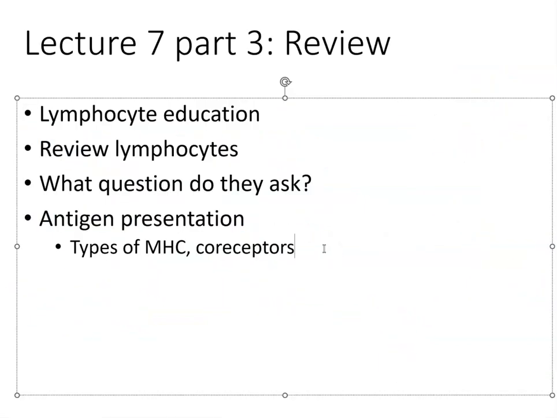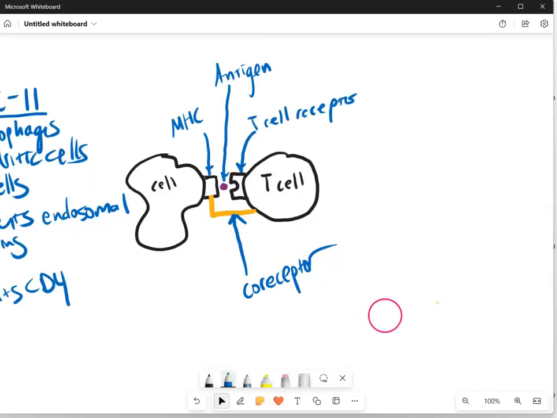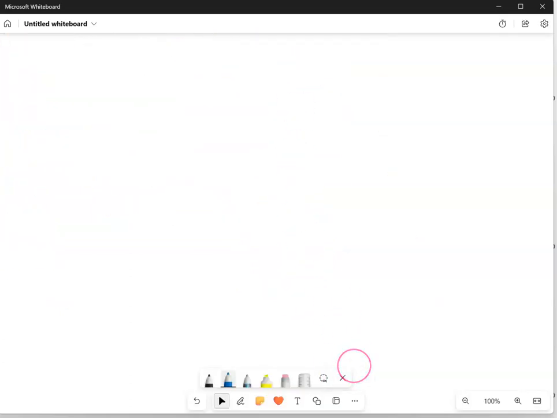So the next thing we looked at is cytotoxic T cells. So let's draw a cytotoxic T cell. It looks like this. Now a cytotoxic T cell is CD8 positive. Okay, so it's going to look like this, and it's going to be CD8 positive.